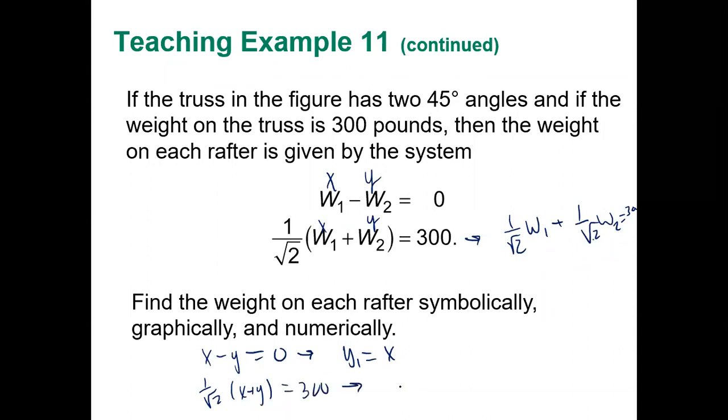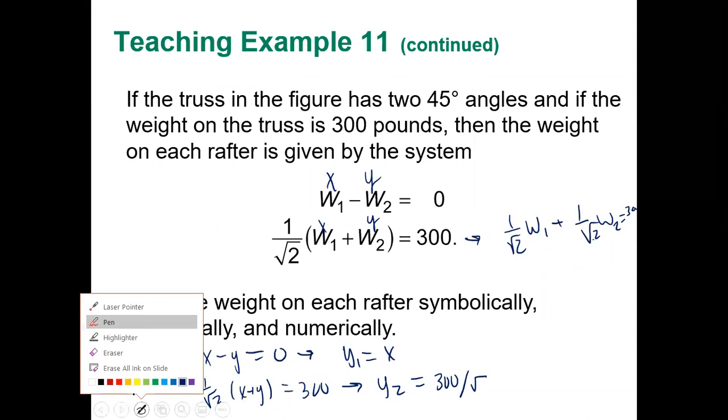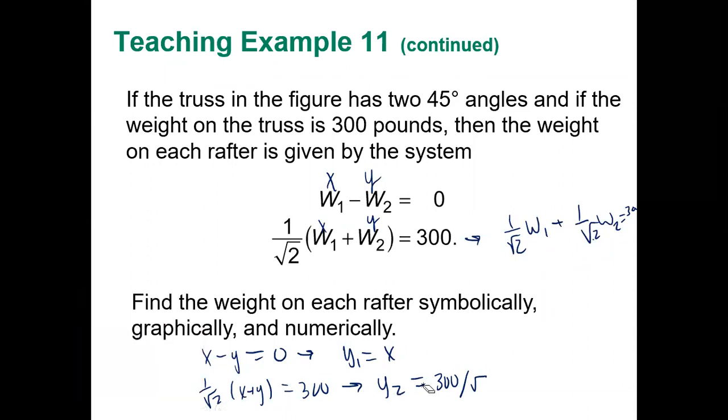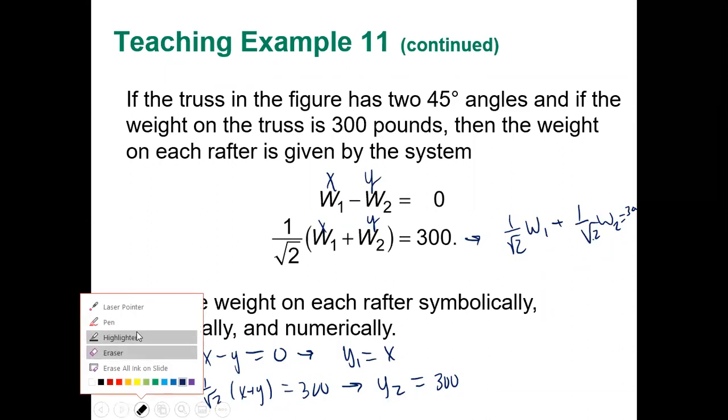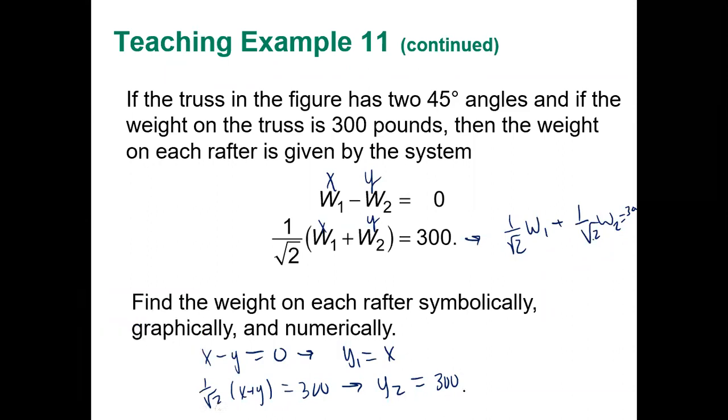And in the calculator, this is going to become y2 equals 300 times the square root of 2 minus x. Or you can write negative x, whatever. But this is what we're putting in the calculator.